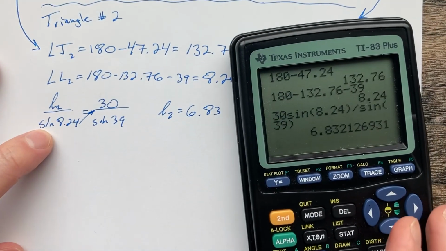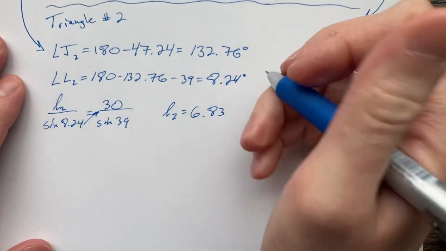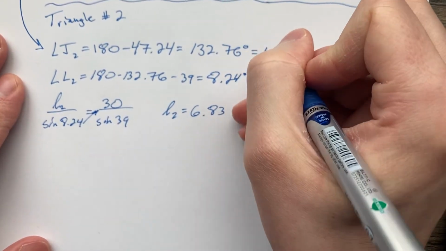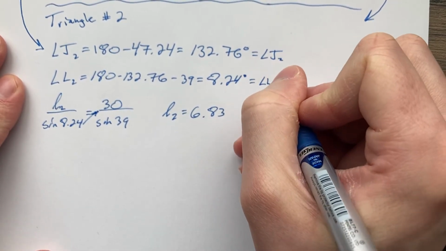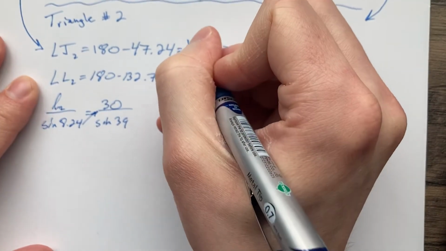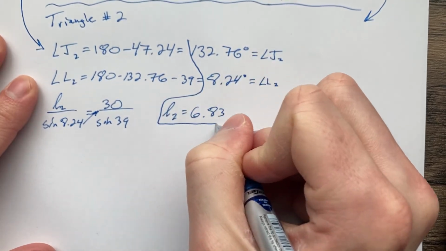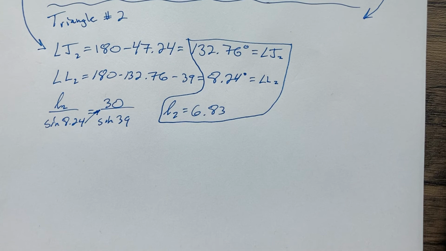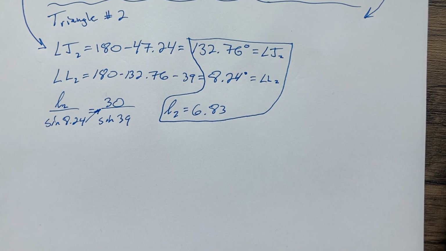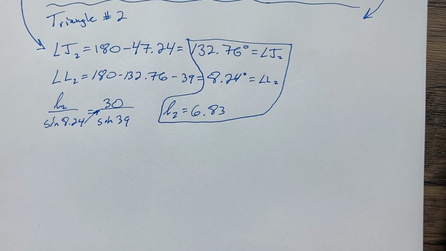Yep, 6.83. All right, so I'm just going to rewrite my names of these angles over here, so they're right next to my solutions, making that nice and easy for my teacher to find all those. And there you go. There's the two triangle problem using law of sines.